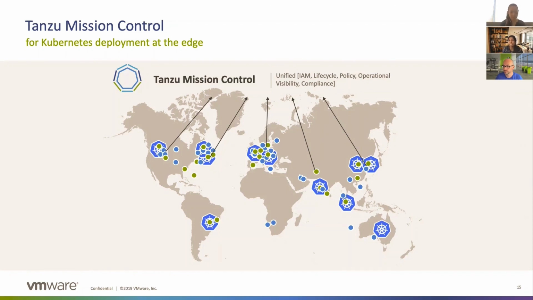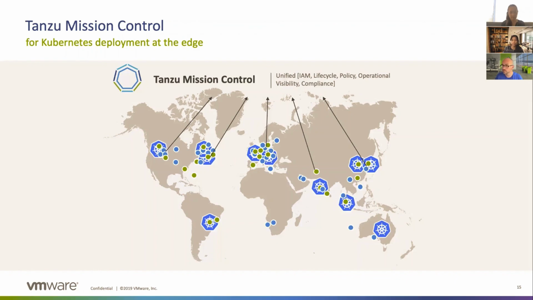An easy example could be retail stores like Kroger, where they have multiple stores, and each could have a Kubernetes deployment at the store level, and then Tanzu Mission Control can be your centralized platform to manage all of those deployments.